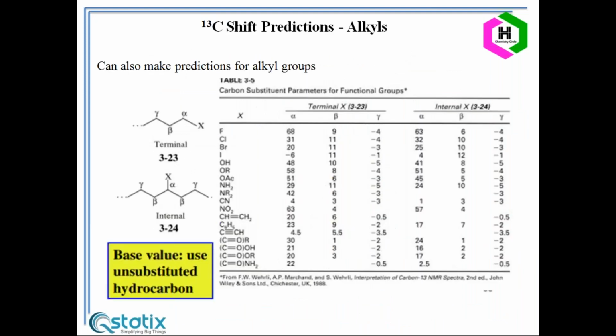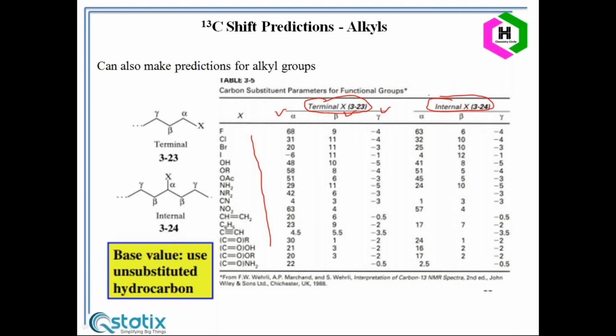For alkyl groups also, you have a chance to predict based on the X values. First you have to use the base value. If you know the base value, then you can start adding the groups: if it is at the alpha position, how you add; at the beta position, how you add; and at the gamma position. There are terminal groups and internal groups.